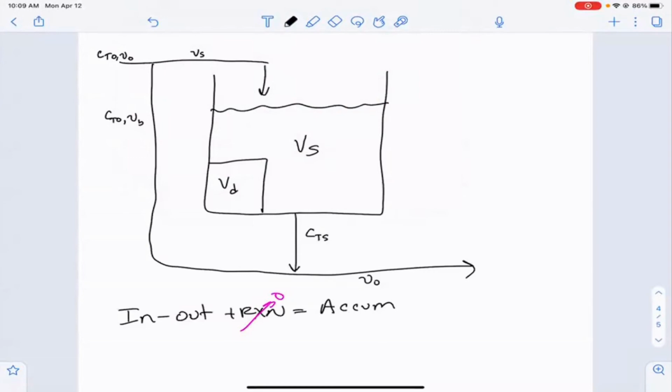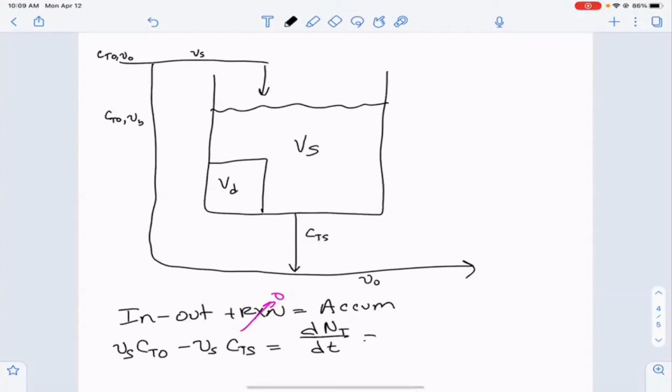So entering the reactor, we're coming in at VS times CT0, and we're leaving at VS times CTS. This is the same sort of approach that we took a minute ago, and that equals the accumulation. So it's the accumulation of the number of moles of the tracer per time.